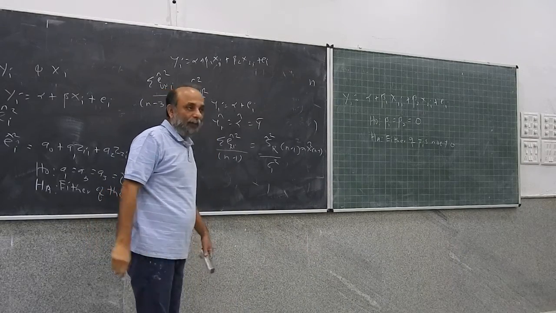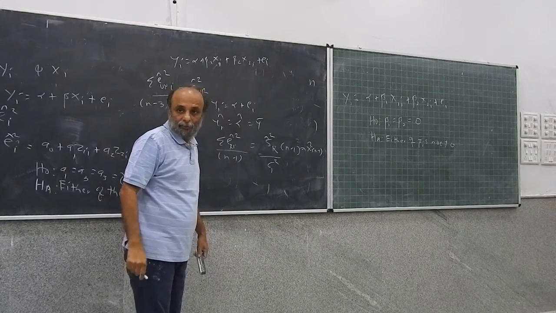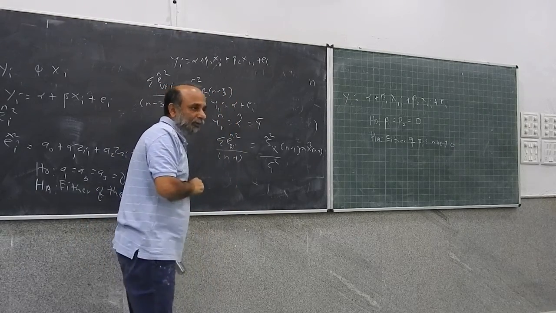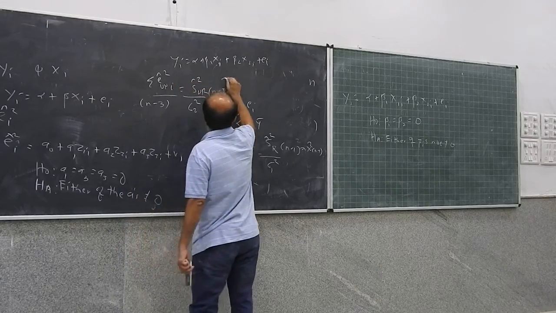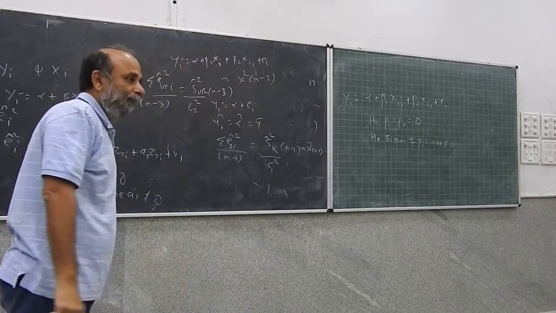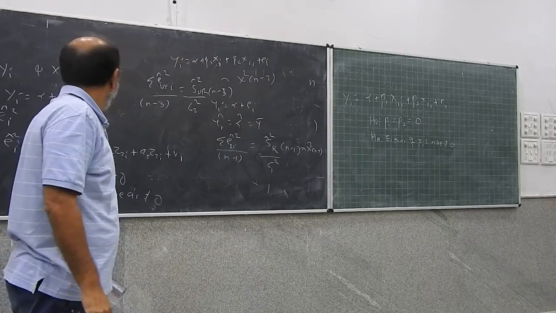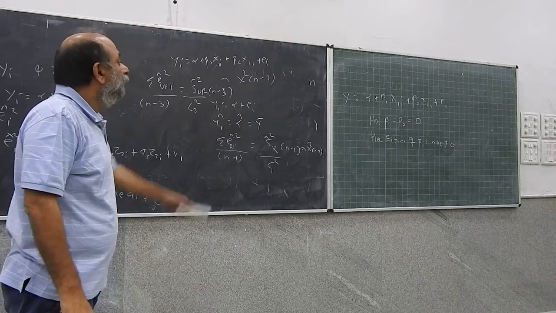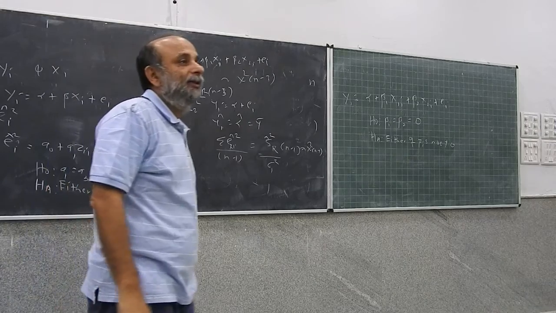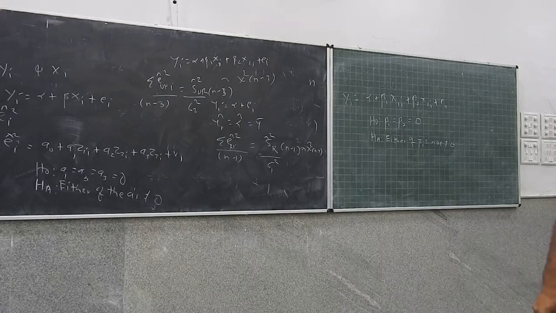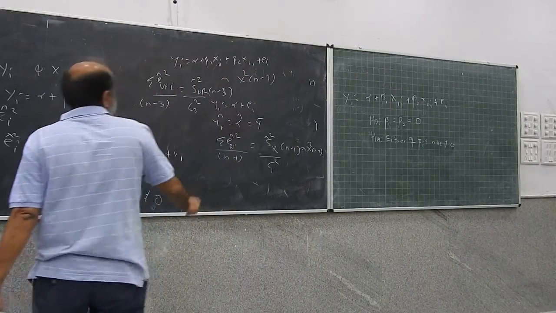Divided by sigma 2 square, and multiplied by n minus 3. This is a chi-square with n minus 3 degrees of freedom. Because alpha, beta 1, beta 2, 3 parameters are being estimated.